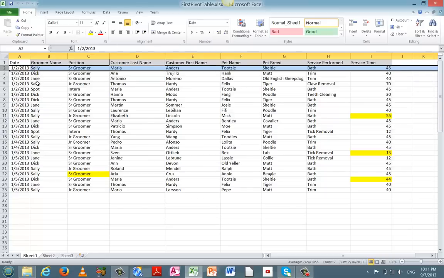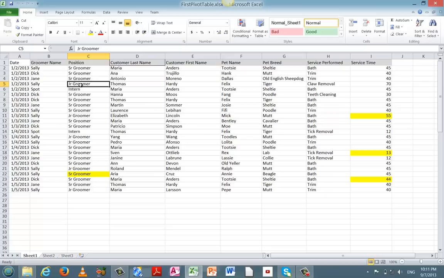And if I go down here to column 5, I see the same person, so another instance of Sally. And what do I have to store? Her job position, and oops, I should have highlighted this, I think, because what is she? Is she a senior groomer, or is she a junior groomer? Well, a problem we have here is that every time I show Sally, I have to indicate her job description.